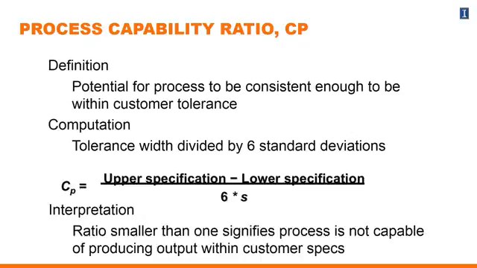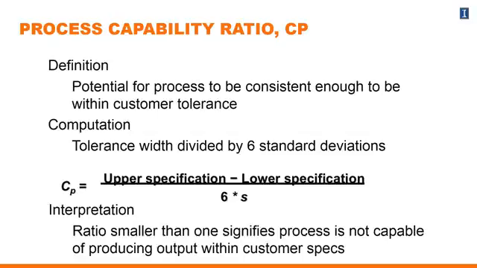For example, the customer may be telling you, I expect this to be delivered between 20 and 25 days. That gives you a range of 5, based on 25 minus 20. Or the customer might tell you, I expect the weight of this to be between 15.5 and 16.5 ounces. That gives you a 1 ounce range for your tolerance.